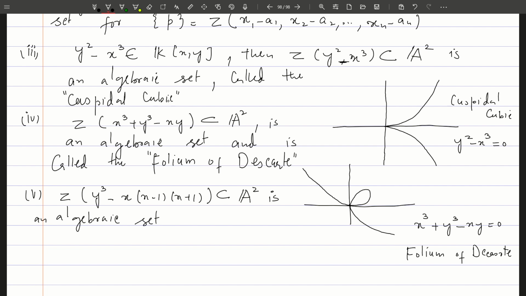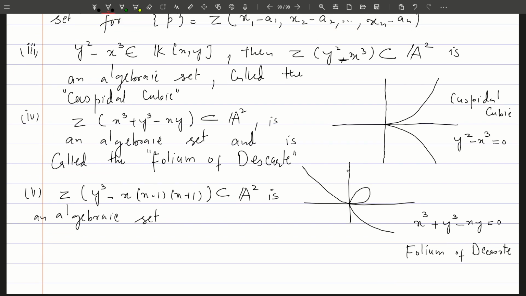This is actually a non-singular cubic. The geometrical version of this curve is given like this. So it goes like this.